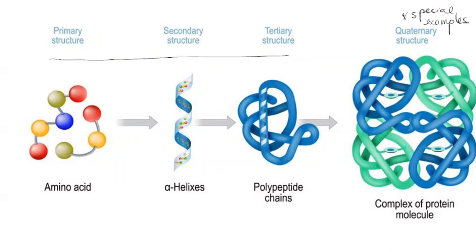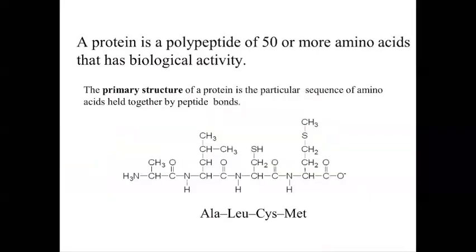Let's now define what is a primary structure versus secondary structure versus tertiary structure versus quaternary structure. So the primary structure of a protein is going to be the sequence of amino acids that are present in that protein.